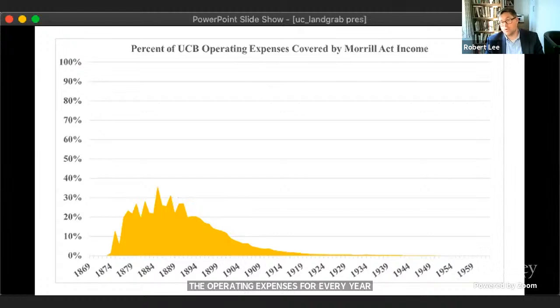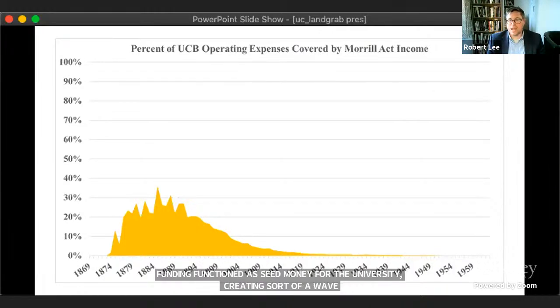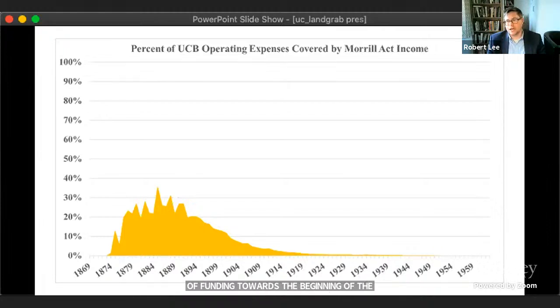What you can see here when you chart those over time, the percent of the University of California, Berkeley's operating expenses covered by Morrill Act income, is how this funding functioned as seed money for the university, creating a wave of funding towards the beginning of the university's existence that diminishes once you get into the 20th century and as the university grows.